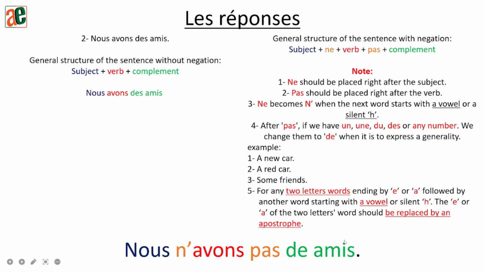So the e will be replaced by an apostrophe. So, nous n'avons pas d'amis. Again, between the apostrophe and the next word, there should be no space. Understood?